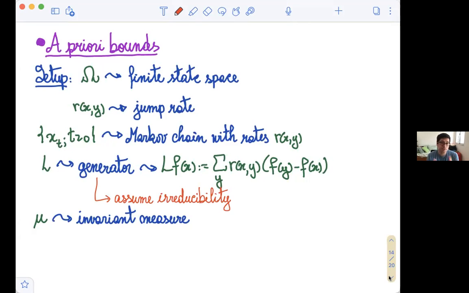And this actually works because having a priori bounds for independent random variables is not very difficult, but in principle they don't tell you anything about the limit.